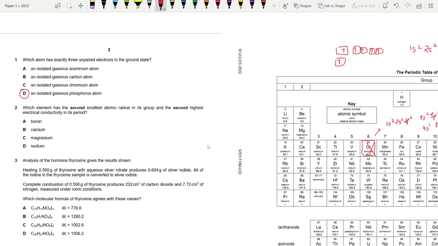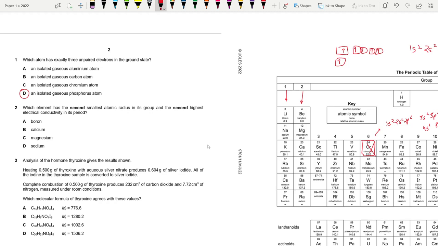So if we're talking about group 2, group 1, for group 2, beryllium has the smallest atomic radius followed by magnesium. So magnesium has the second smallest atomic radius that fits the criteria.